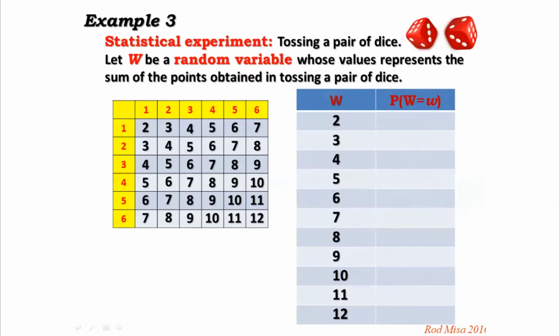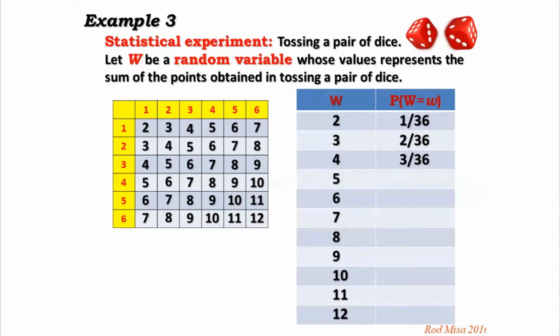And the probability of obtaining a sum of 2 is 1 out of 36. And the probability of obtaining a sum of 3 can occur in 2 out of 36, from the sum of 1 plus 2 and 2 plus 1. And also the probability of obtaining a sum of 4 is 3 over 36.